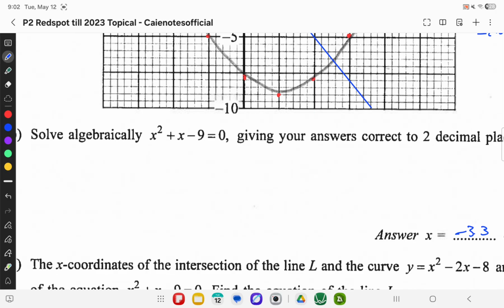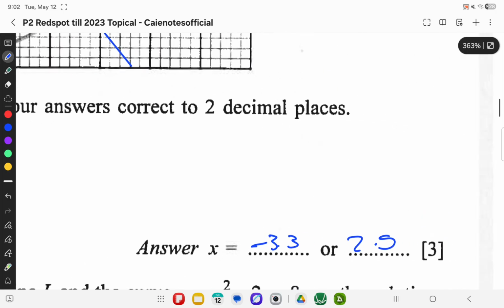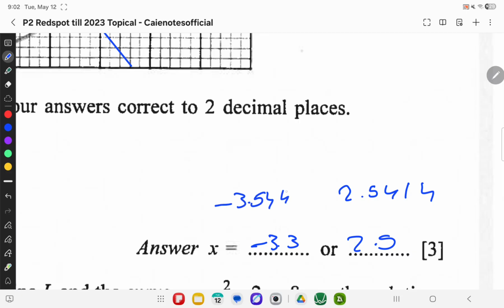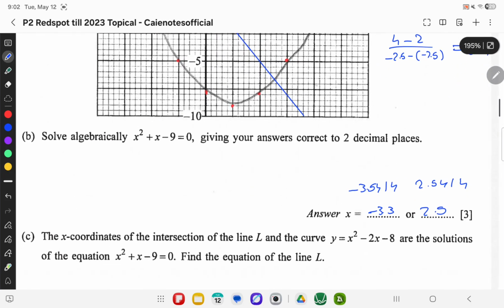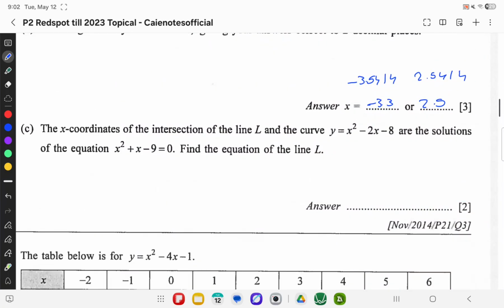If we plug this in a calculator, which some may do, this will give us 2.5413 and so on, and negative 3.5414 and so on. Yes, algebraically, but this was to quickly demonstrate how you can solve this. The x coordinates of the intersection of the line and the curve are the solutions of the equation.